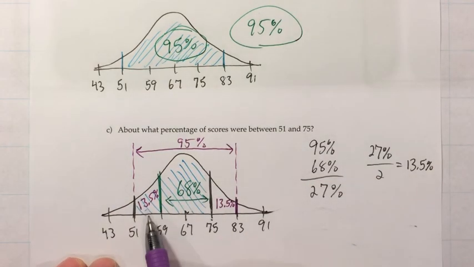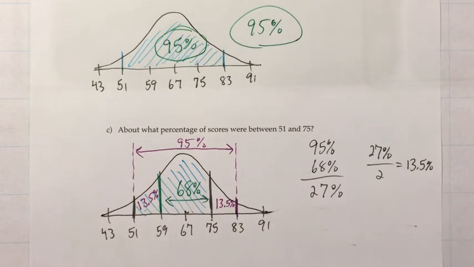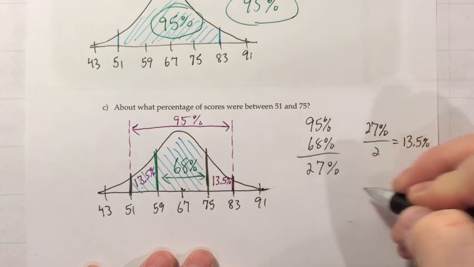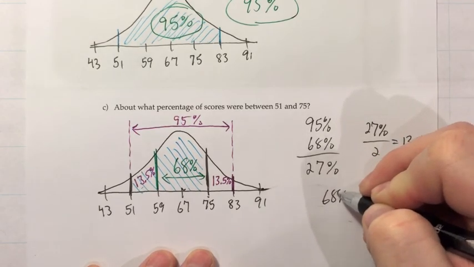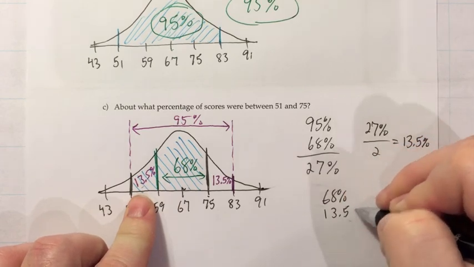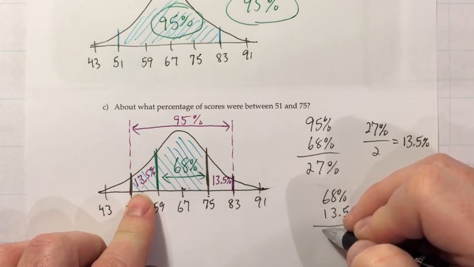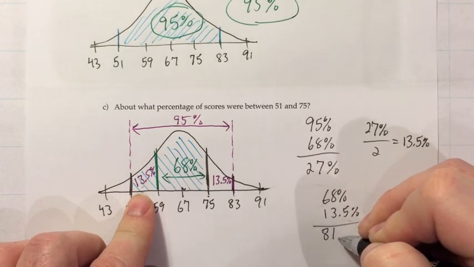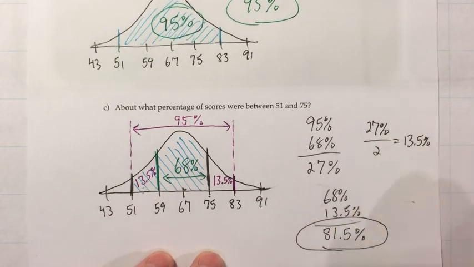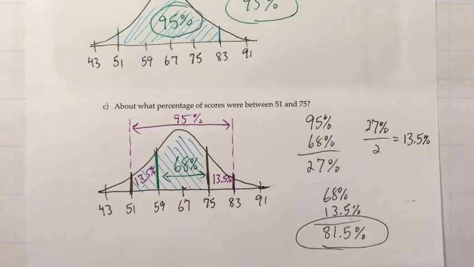And we want the teal section, which is this 13.5% plus that 68%. So to get our overall answer, we're just going to add those two together. All right, so we have 68% in the middle, plus this left wedge right here is 13.5%. And we're going to add those together. So let's see, we get 81 right here, and then we have the 0.5. So 81.5% is the answer to the question for about what percentage of the scores are between 51 and 75.